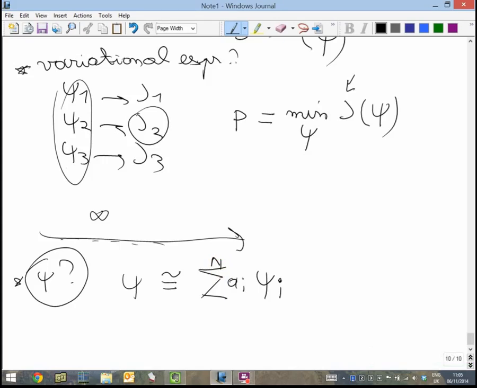And then now the problem is reduced to the following problem, where we just take the partial derivative of our J with respect to all of our coefficients a sub i, we put them equal to 0, and then we have our solutions to minimize this problem.